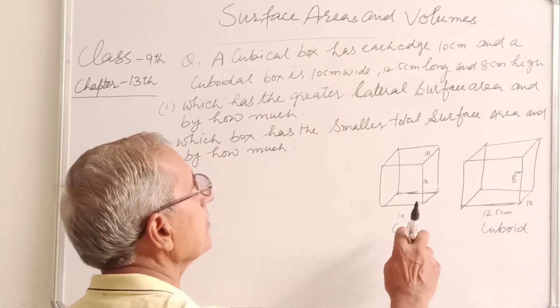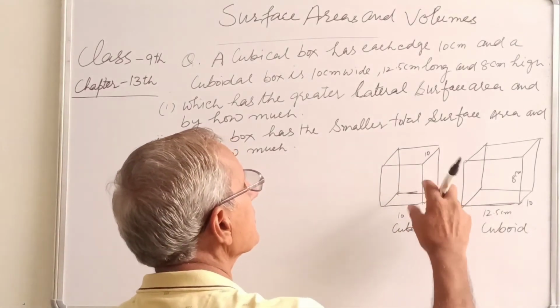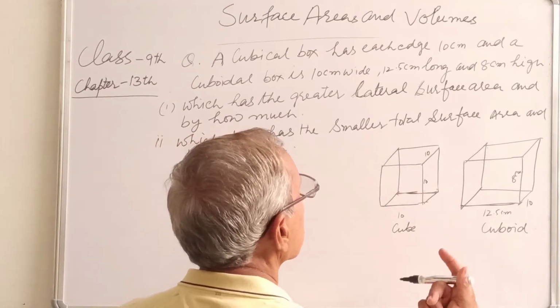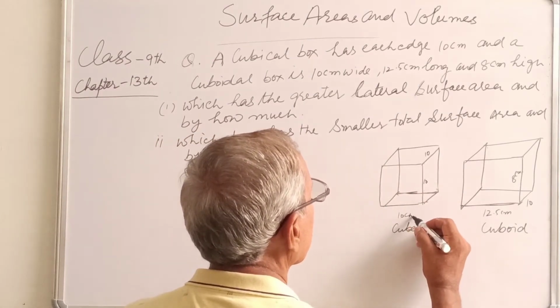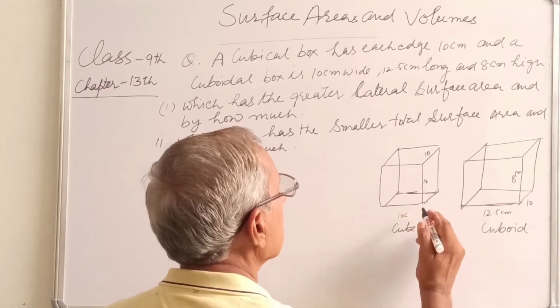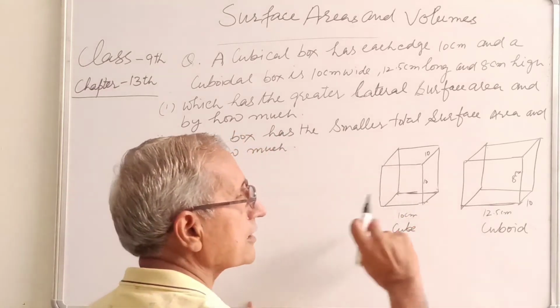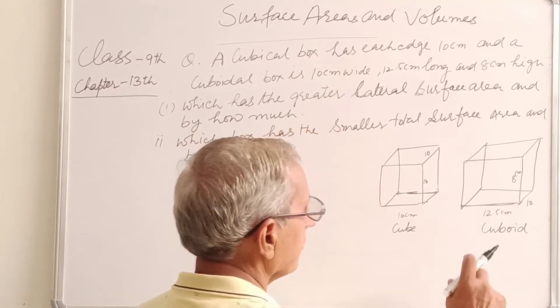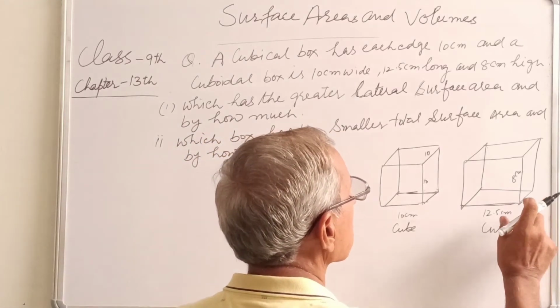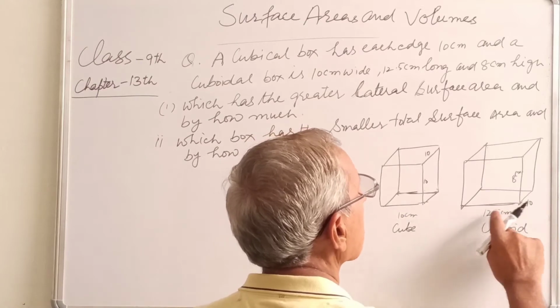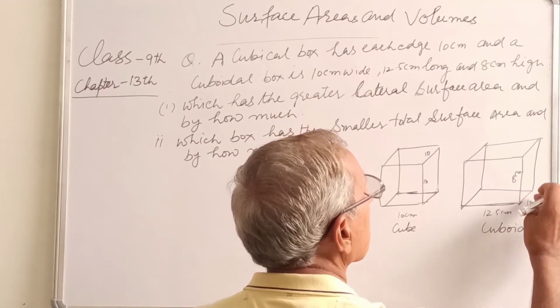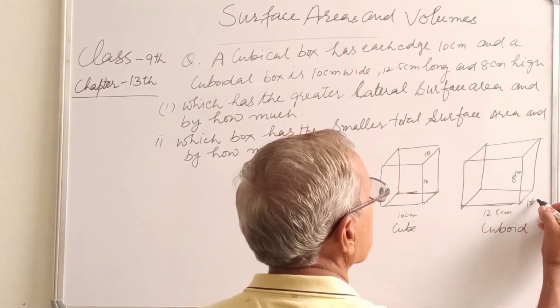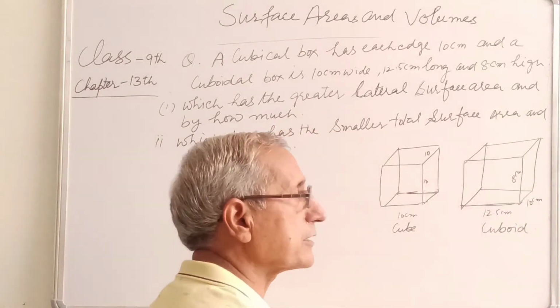So this is a cube with each edge of 10 centimeter: 10 centimeter long, 10 centimeter wide, 10 centimeter high. Whereas this cuboid is 12.5 centimeter length, 10 centimeter breadth and 8 centimeter height.